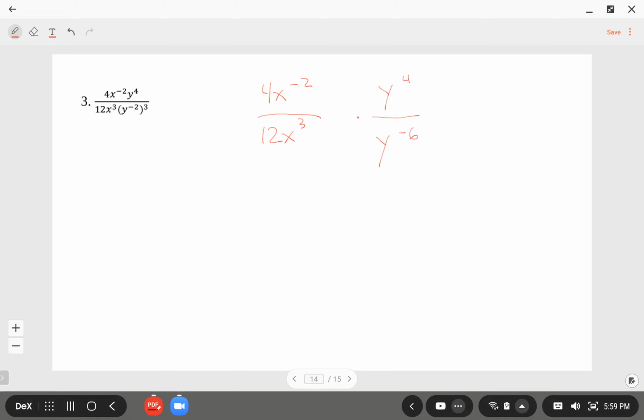So I've basically simplified it now. So what is 4 divided by 12? It's gonna be 1/3. And then what is x? X to the negative second over x to the third. Okay. You subtract, right? That'd be x to the negative fifth.